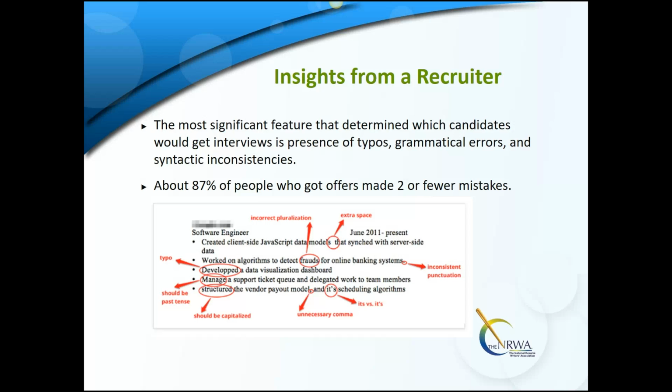This particular recruiter did a survey of resumes submitted by electrical engineers, and then calculated the number of errors. And this is where 87% of people who got the offers made two or fewer mistakes.